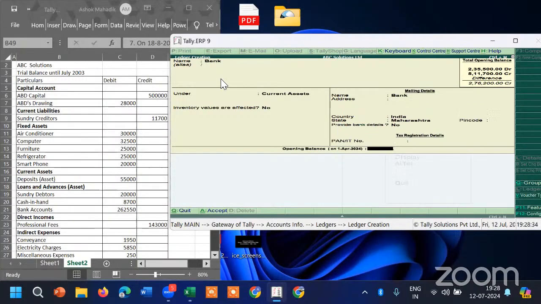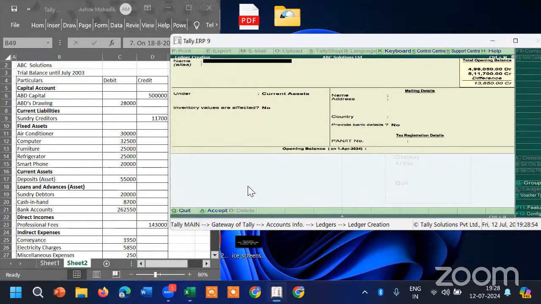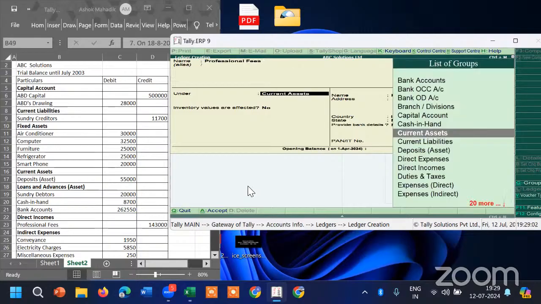Value is 462,550. Next is direct incomes, professional fees. So I'll create the account professional fees. We can keep it under the head direct income as given in the question, but we can also take it under sales.